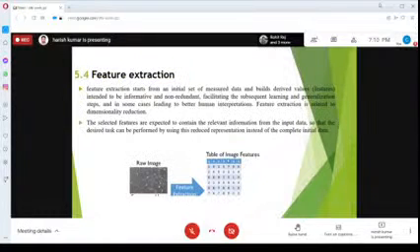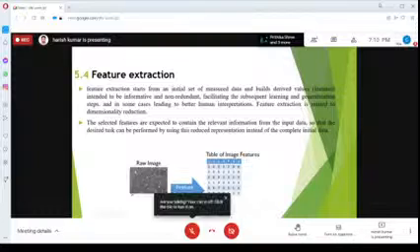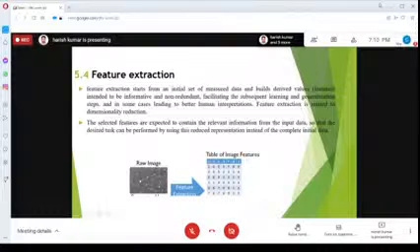And the fourth process is feature extraction. Feature extraction starts from the initial set of measured data and builds derived values. For example, if we take these images, I have told you before, the image consists of pixels, right? Each pixel consists of some mean values depending upon their color.